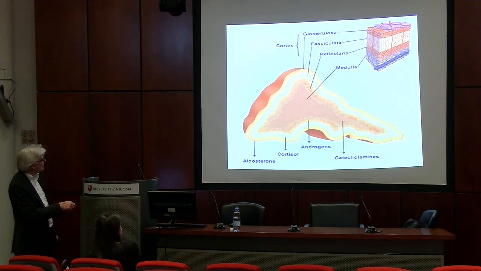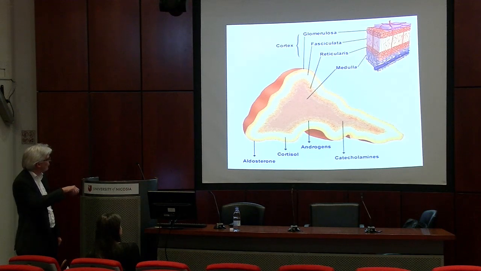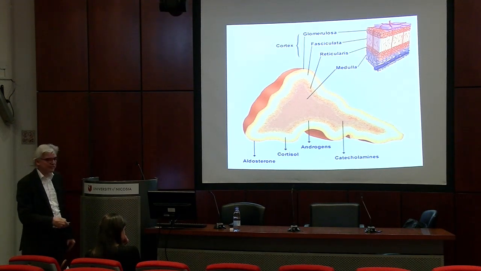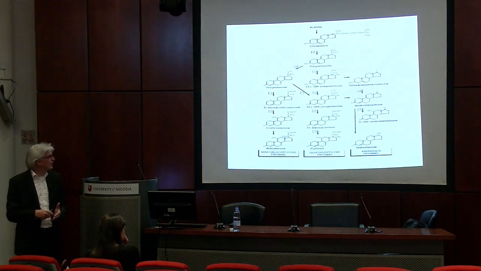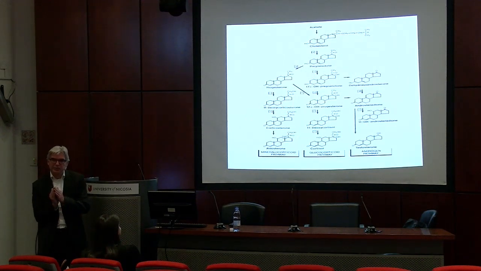I already mentioned that the adrenal medulla produces the catecholamines, and then if you look at the adrenal cortex, the zona glomerulosa produces aldosterone, the zona fasciculata mainly produces cortisol, and the androgens are mainly produced in the zona reticularis.